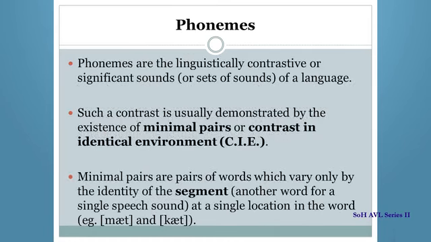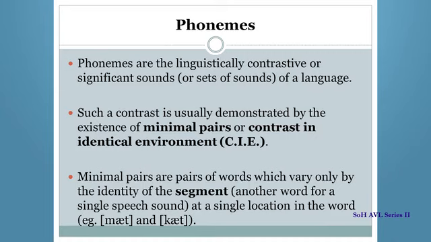Phonemes. Phonemes are the linguistically contrastive or significant sounds or sets of sounds of a language. Such a contrast is usually demonstrated by the existence of minimal pairs or contrast in identical environment, CIE.